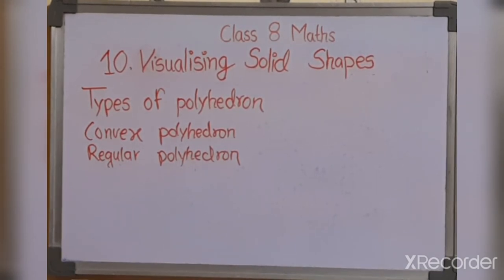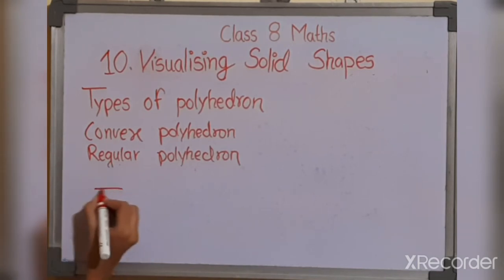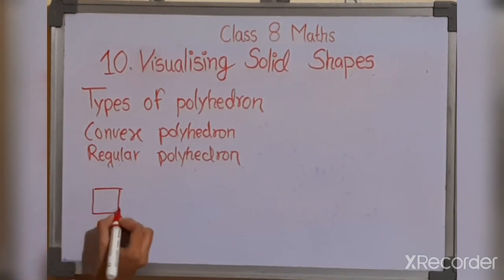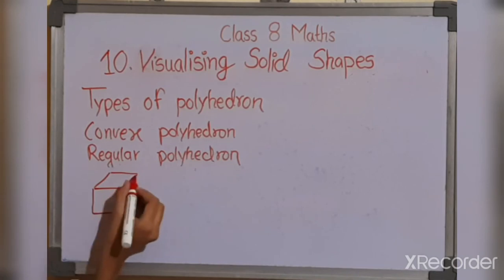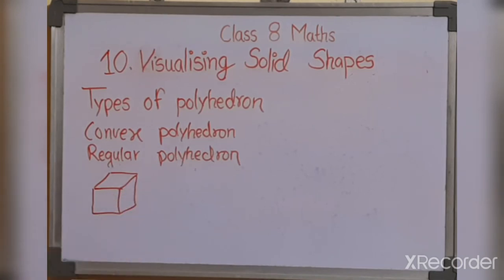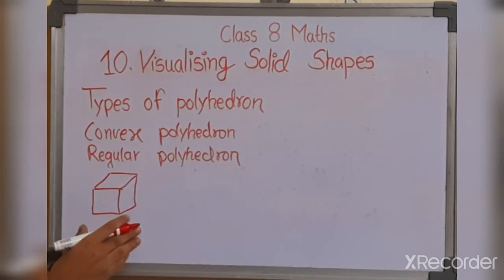And the example of it is a cube. So here a cube is a convex polyhedron as the segment which is connecting any 2 points is lying inside the polyhedron. Now this is the convex polyhedron and another one is the non-convex polyhedron also.